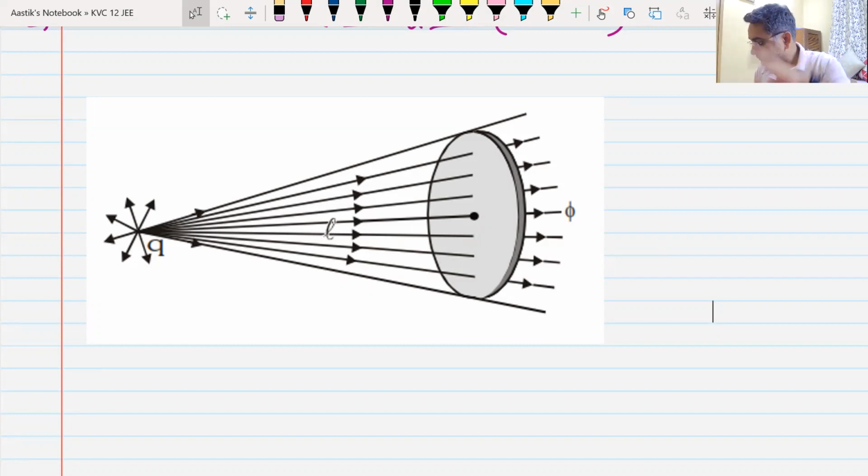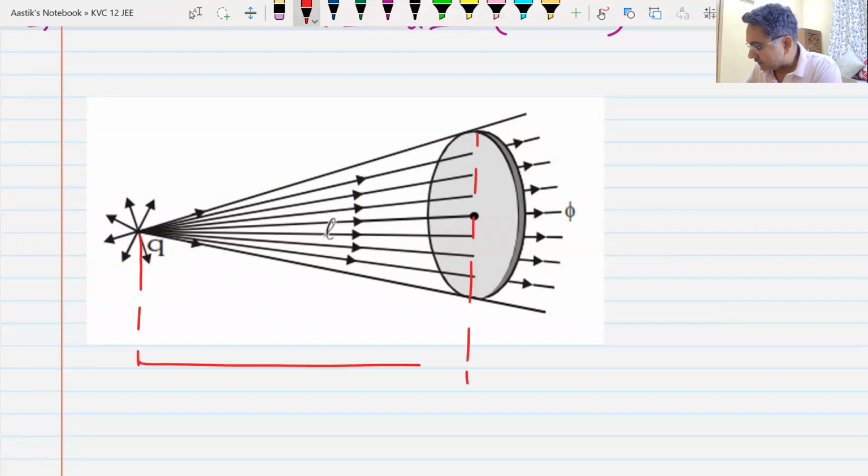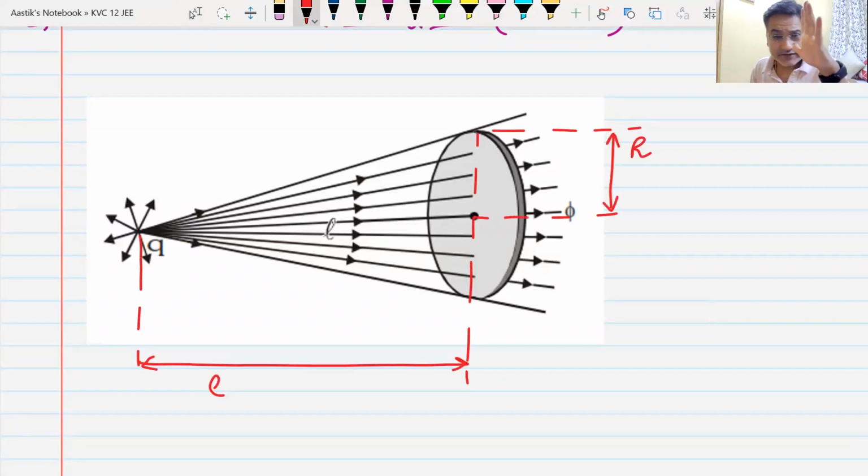Let us say the distance of point P from the center of the disk is L, and the radius of this disk is R. Now, this disk is a surface, and I have a point P here. This disk is like the circular part of your cone. Do we understand this? Yes, sir.